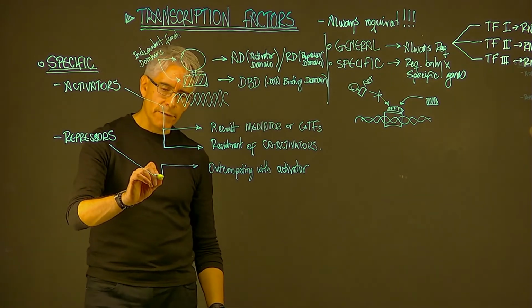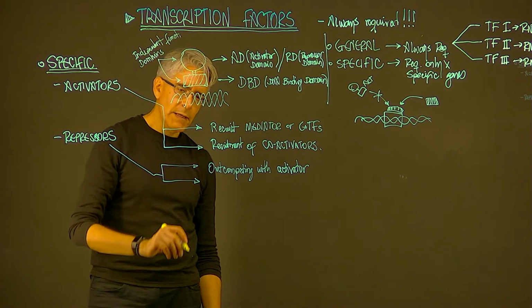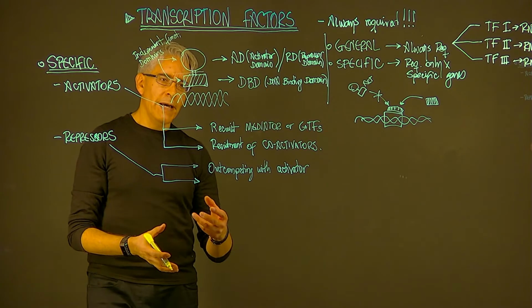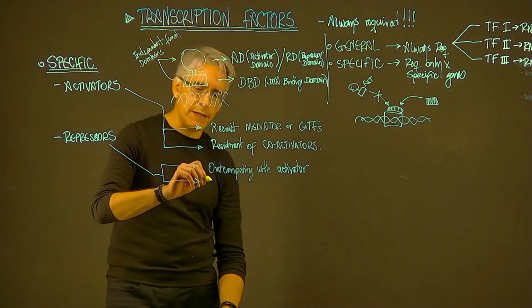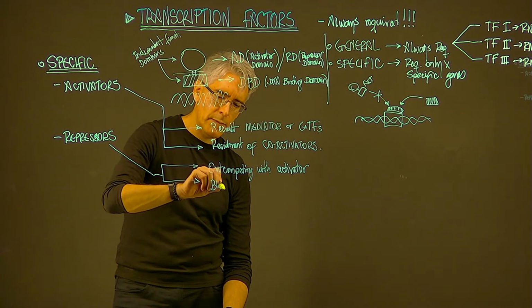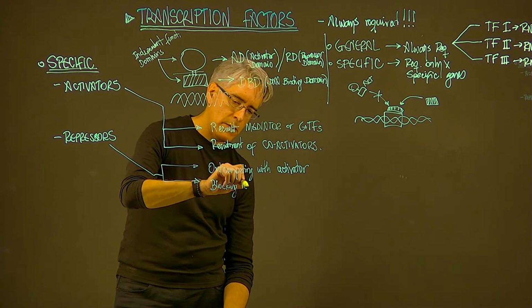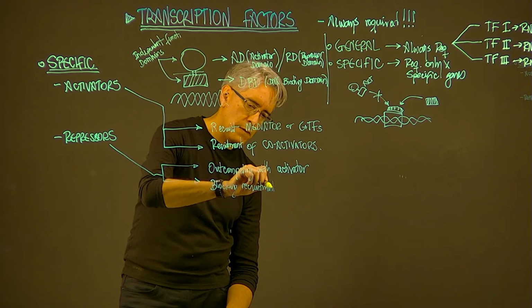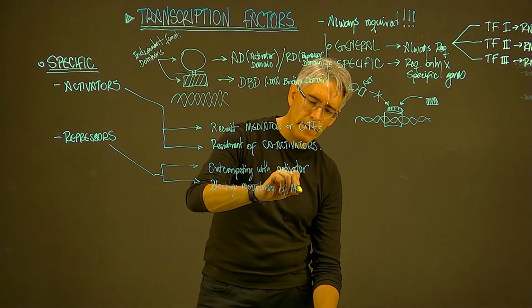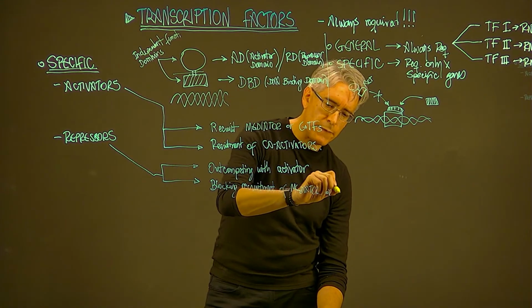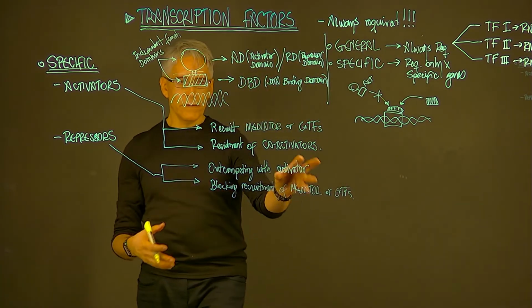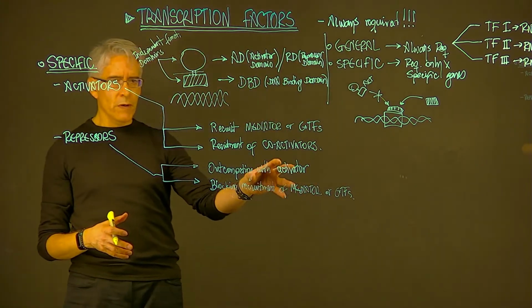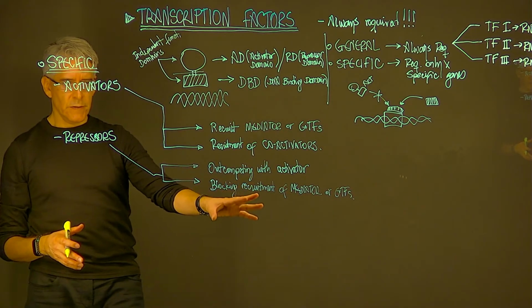The second mechanism of action is by blocking the recruitment of mediator or general transcription factors directly. If you directly block the recruitment of mediator or general transcription factors, you will also be decreasing transcription overall.